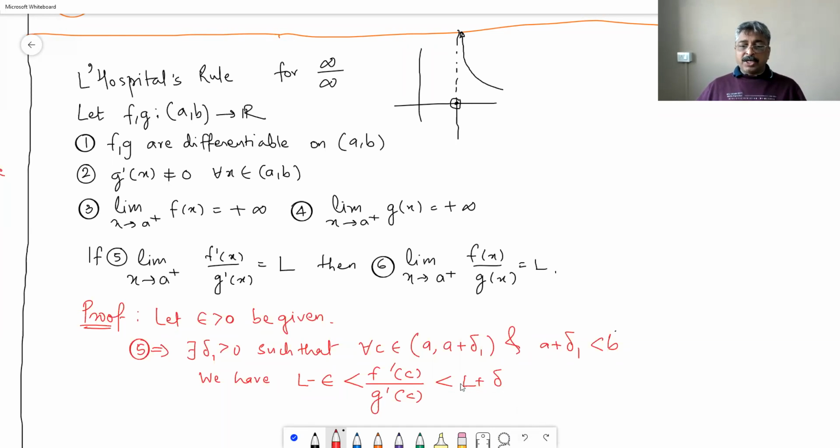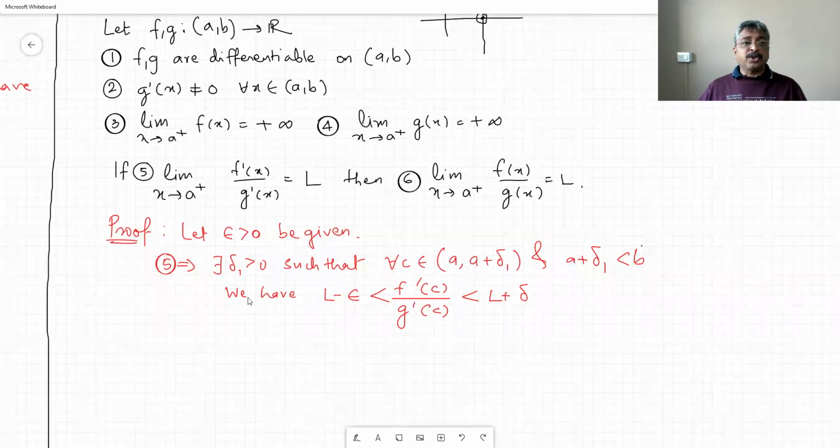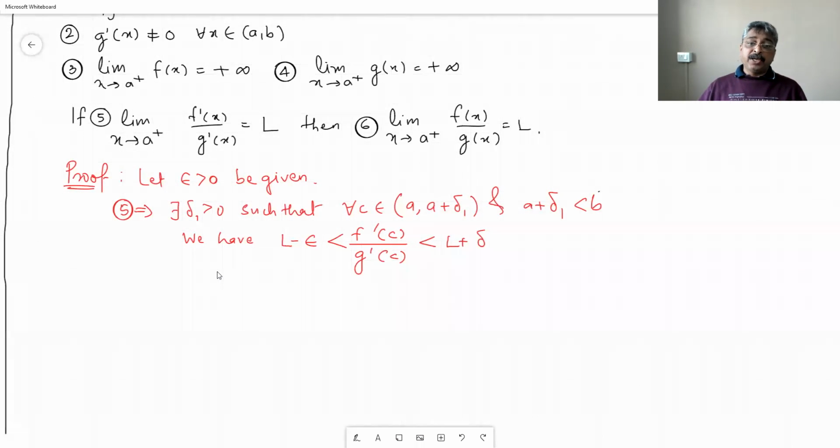So now we have got interval a to a plus delta 1 and we are supposed to create a situation for CMVT in the interval a comma a plus delta 1.